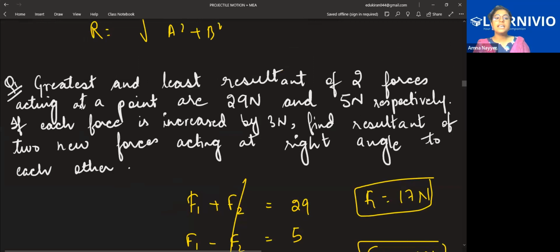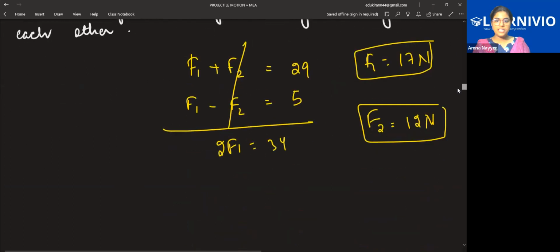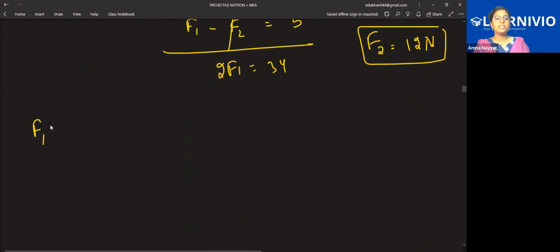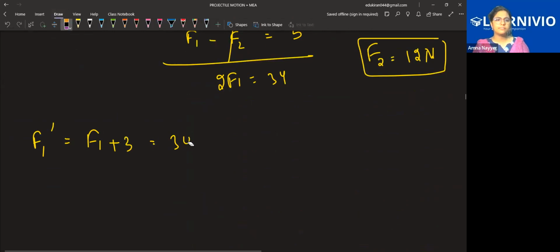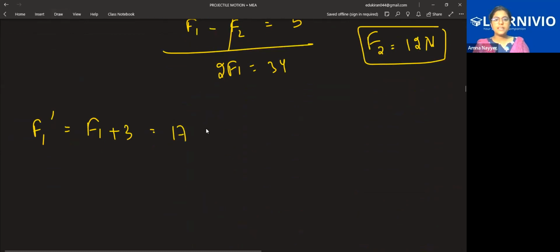Then it says if each force is increased by 3 Newton. So F1 dash will now be F1 plus 3, that is 17 plus 3, which is 20 Newton.